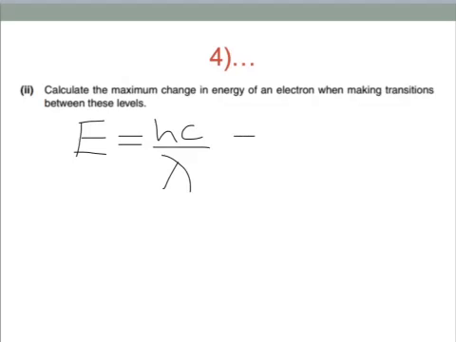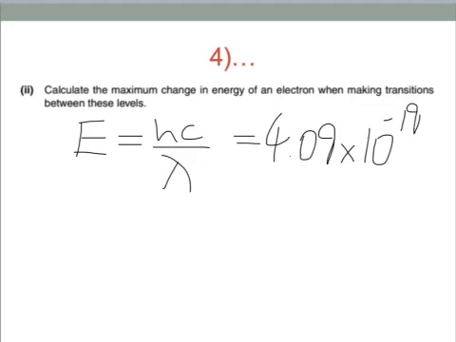As stated before, we calculate the answer to be 4.09 times 10 to the negative 19 joules.